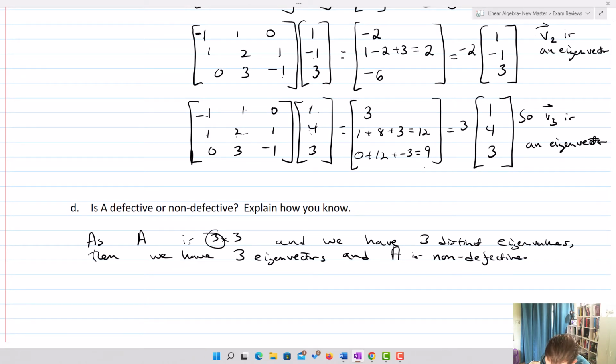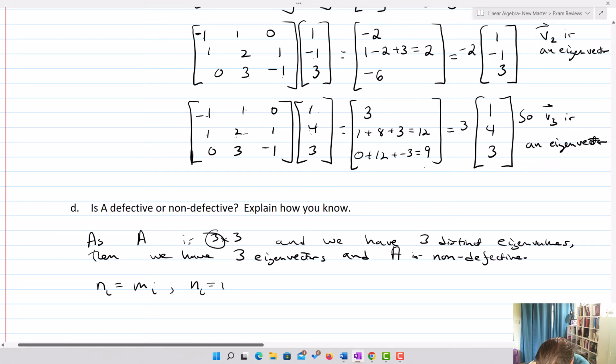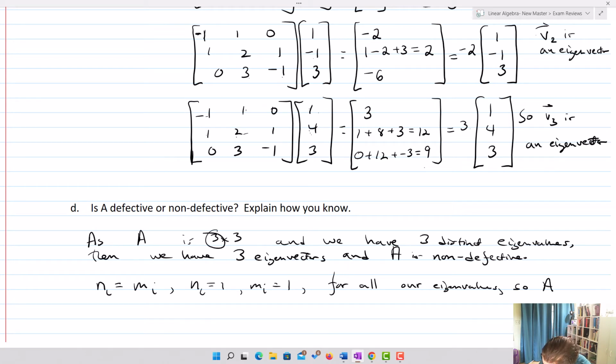We can also write, for example, that Ni equals Mi, because Ni equals 1, Mi equals 1. Our algebraic and geometric multiplicities are the same for all our eigenvalues, so A is non-defective.